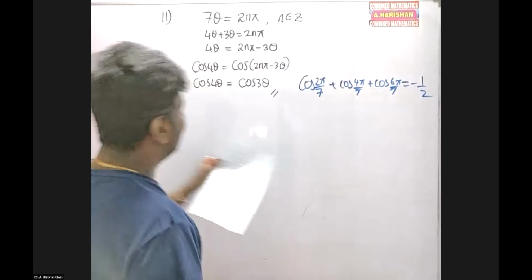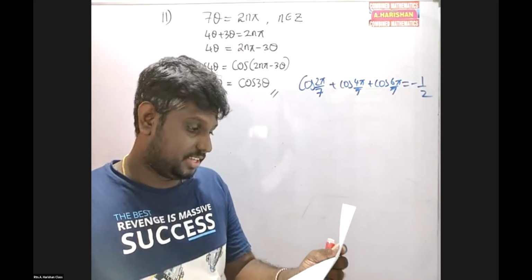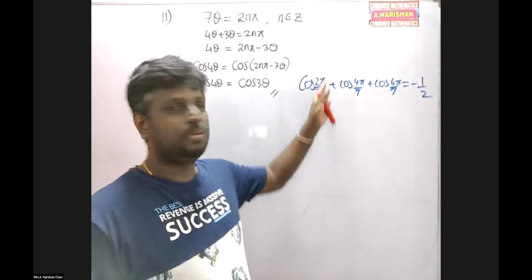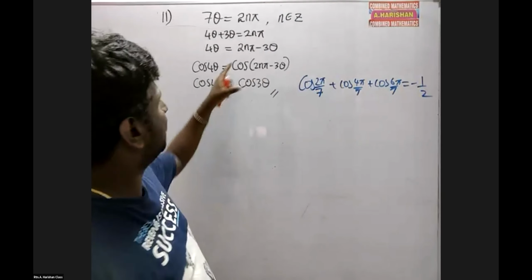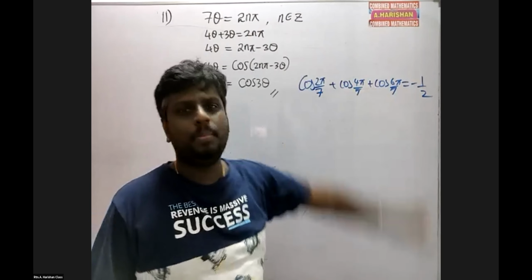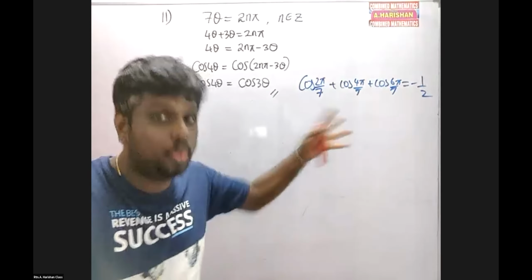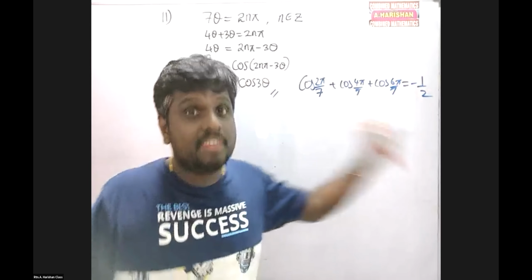Right. So what I can do is reduce that. How to reduce this? I haven't seen 2 pi by 7, 4 pi by 7 like this. I may think about dividing by 7 somewhere here, but I don't know how to get the values of cos 4 pi by 7 and cos 6 pi by 7 and add everything.